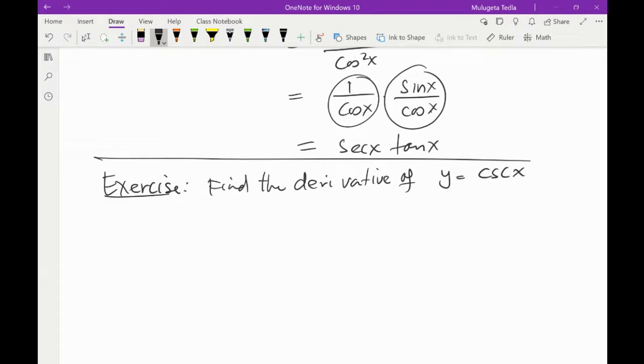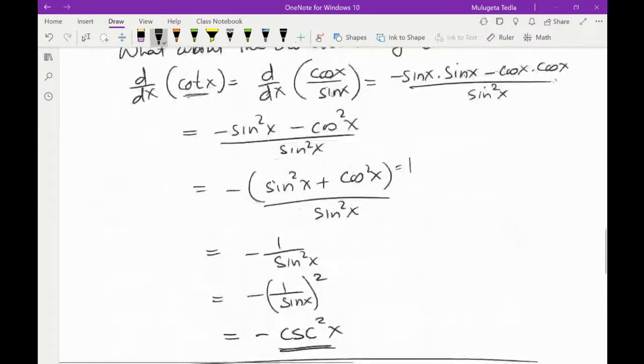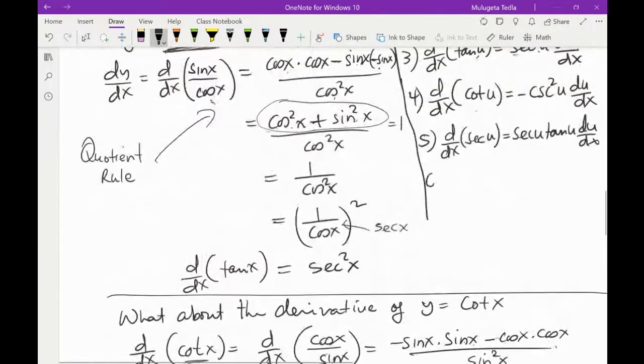As an answer, you have to do what I did, but d by dx of cosecant of x, the answer must be minus cosecant of x cotangent of x. You have to get this one. So number 6: d by dx of cosecant of u is minus cosecant of u cotangent of u du by dx.